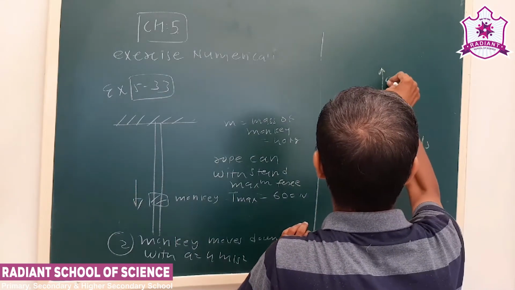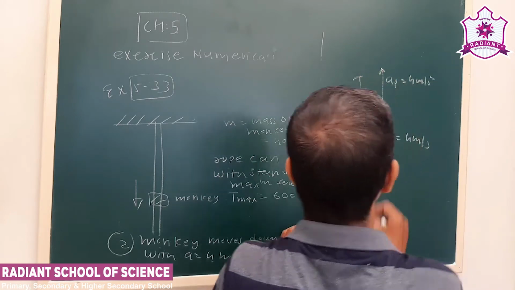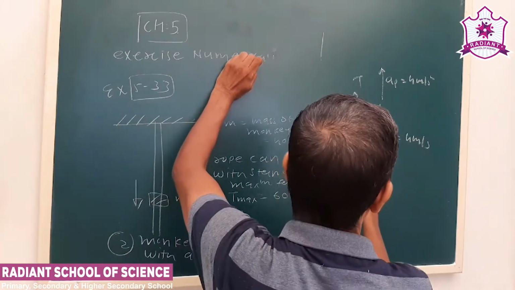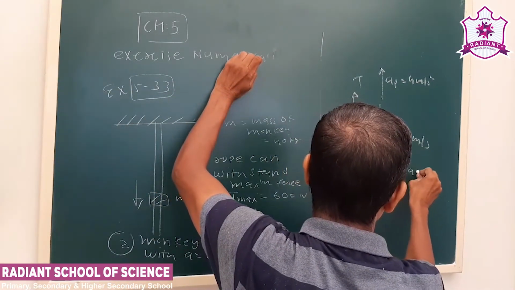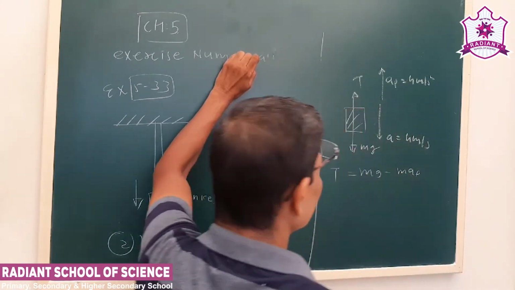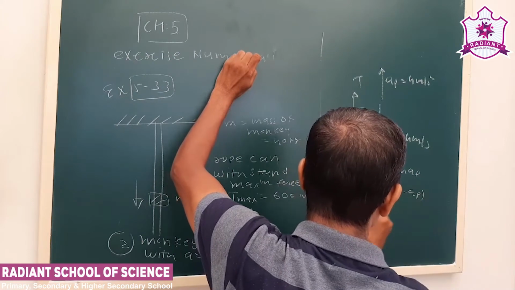but see, the pseudo acceleration AP also will be there in the opposite direction. T is the tension. So here, mg minus M AP, mass into AP will become force, will be equal to T. So T equals M into (g minus AP).